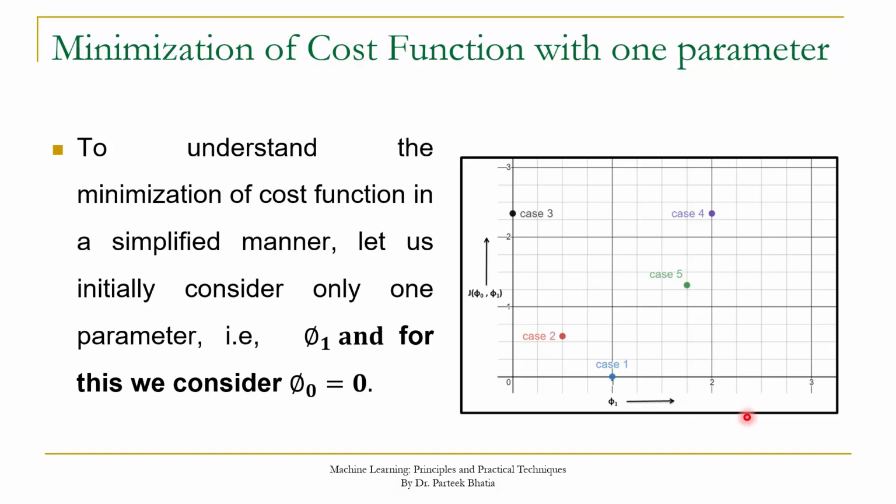We will vary its value, and by making changes in its value, we will analyze the change in the cost function. On y-axis we have cost function, while on x-axis we have slope of the line, that is phi 1. So by fixing one parameter constant to 0, we can visualize the behavior of cost function in 2D plane.